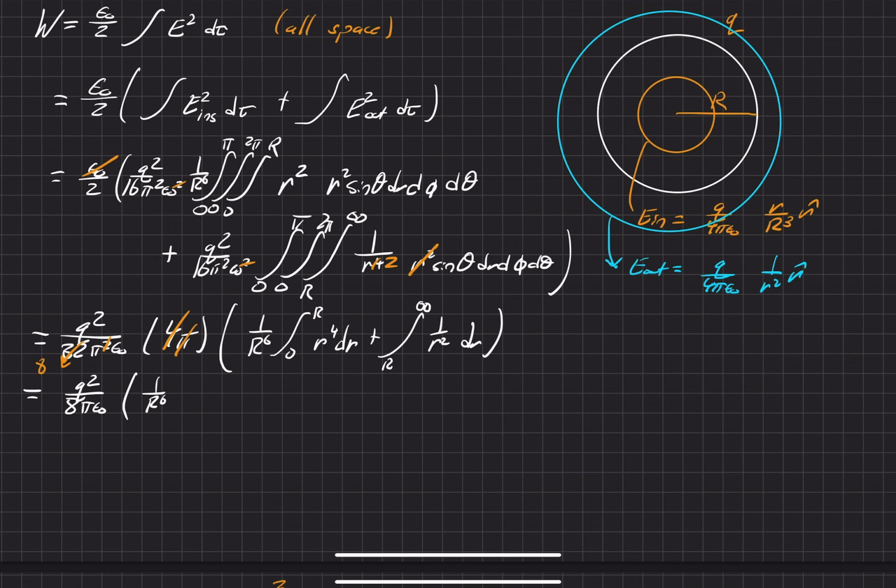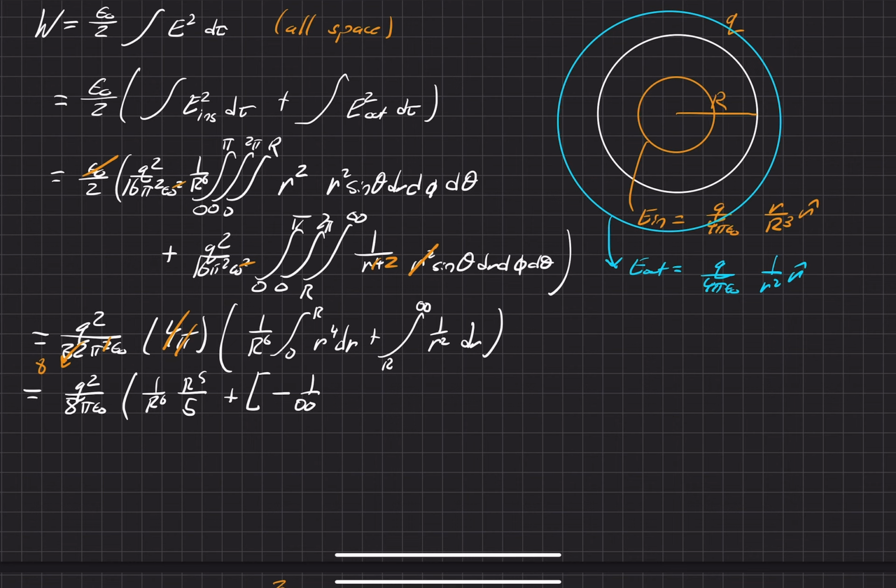This is a relatively easy integral, so that's just r to the 5th over 5, plus, and this is a double term for the integral, so let me do a little bracket. That ends up being a negative 1 over the top limit, which is infinity, 1 over infinity.